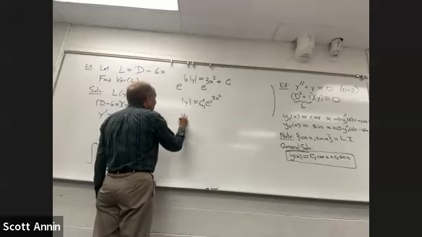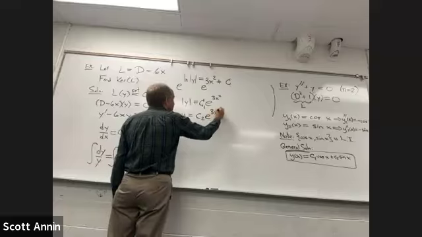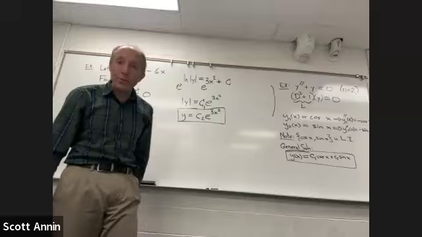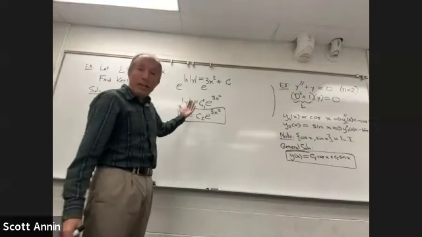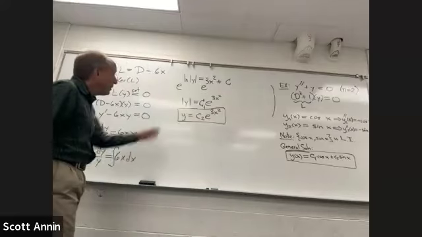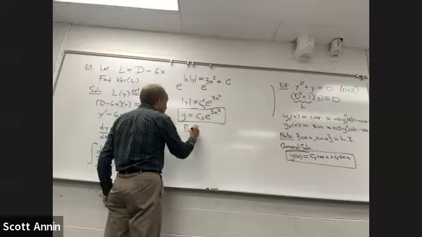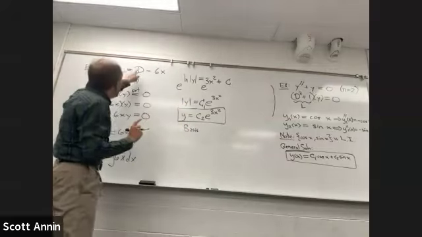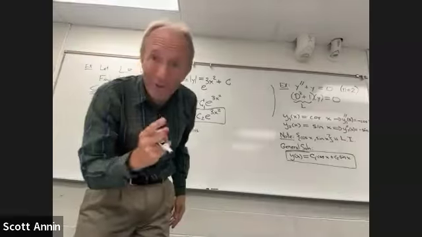Finally, I can remove my absolute value bars by allowing for a potential plus or minus sign, and I can label that plus or minus sign of c1 with c2. This would be the general solution. And this would be the kernel of L. I should point out here that the kernel of L is one-dimensional. It's one-dimensional because the order of this differential equation is first order.